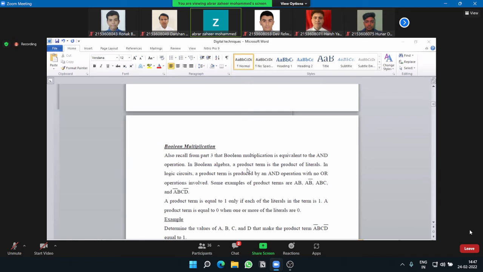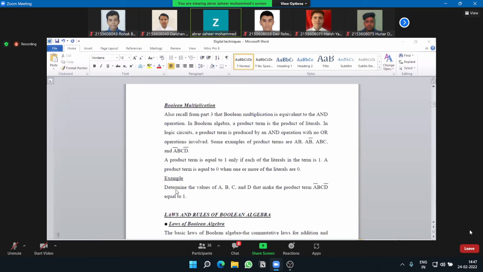A product term is equal to 1 only if each of the literals in the term is equal to 1. A product term will be equal to 0 when one or more literals are equal to 0, because it is a multiplication AND operation.